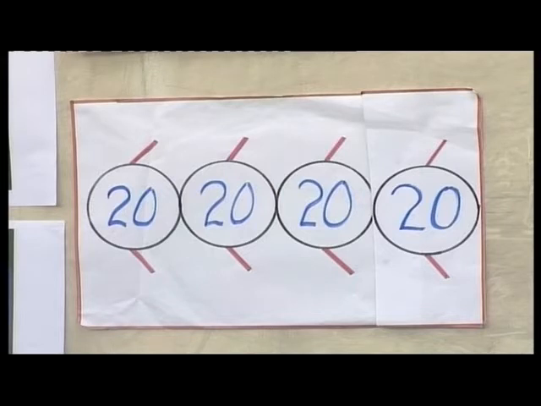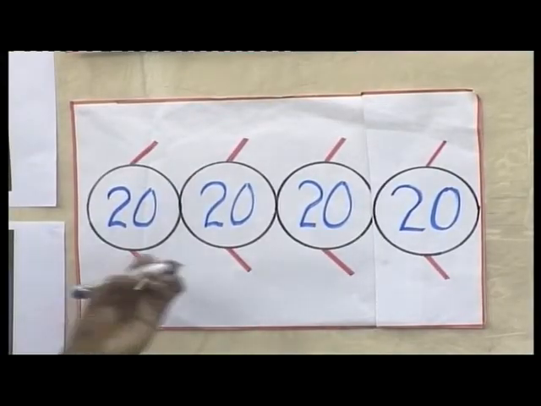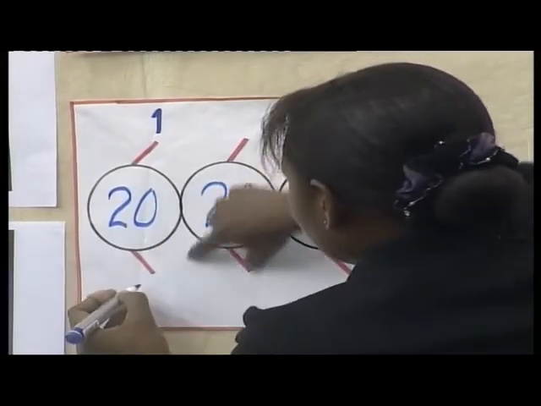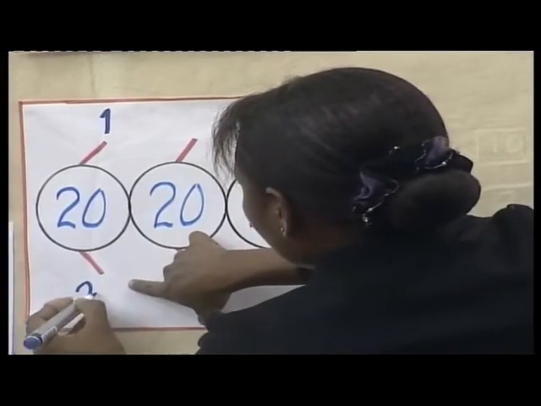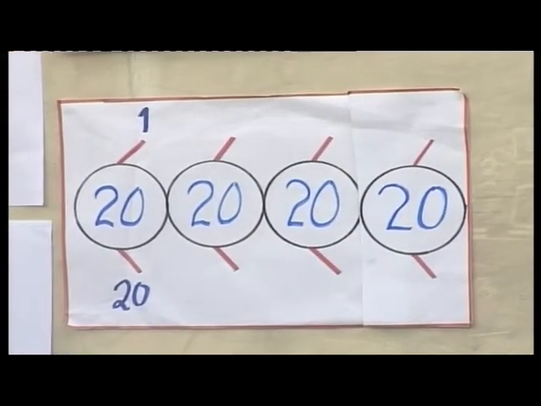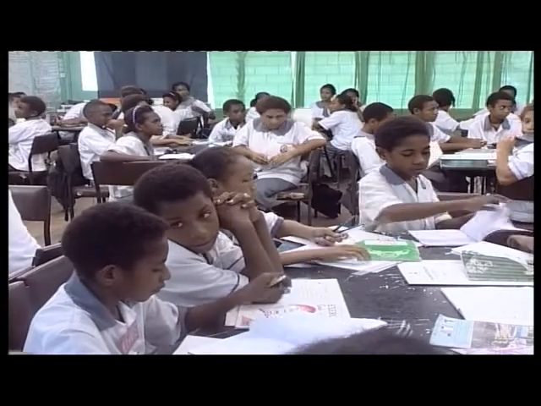Let's give our answers in order from the smaller number to the bigger number. 1 times 20. Very good. 1 times 20. So I will write 1 times 20. What about the second one, Junior? 2 times 10. 2 times 10.